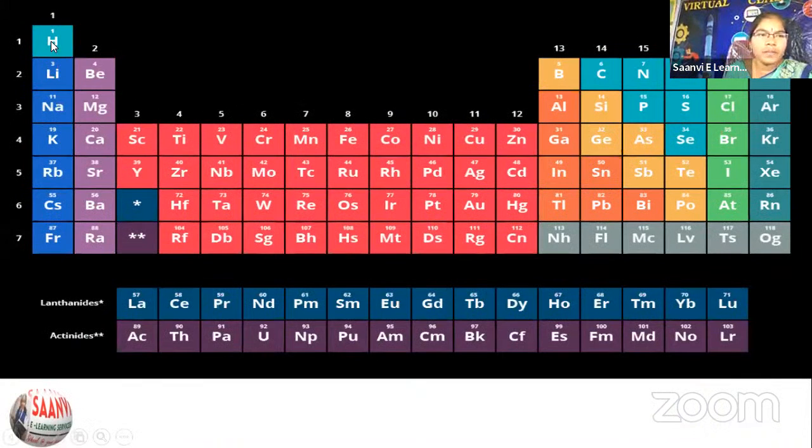In the periodic table, the d-block elements, groups 3 to 12, are all metals. The remaining are metalloids, non-metals, and gaseous forms. The 18th group is totally noble gases. Okay, now coming to here.